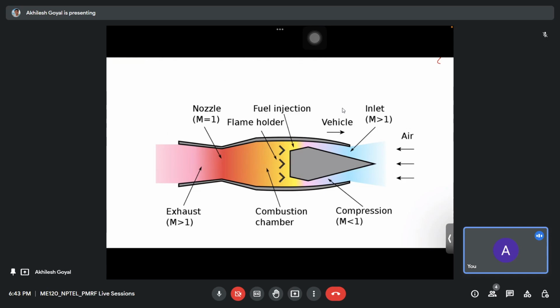So what happens in the case of Ramjet engines is, you must have heard about a word, ramming. Ramming means to put something inside a vessel or some space by force.